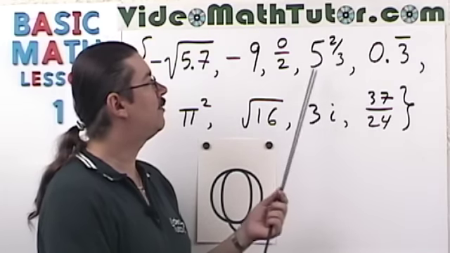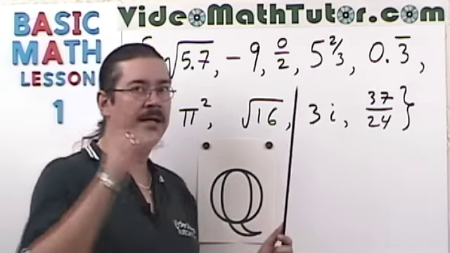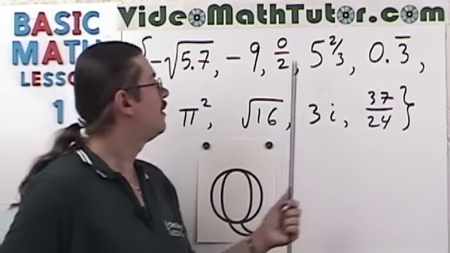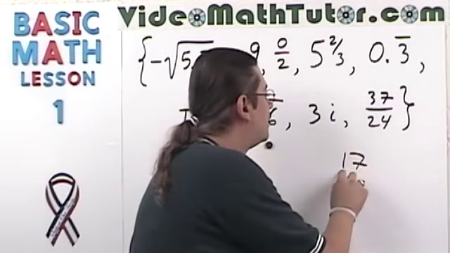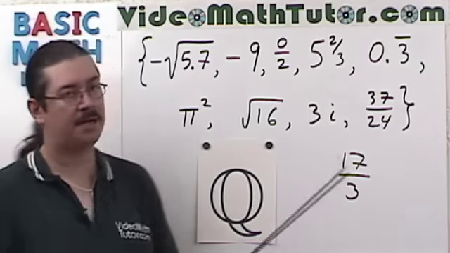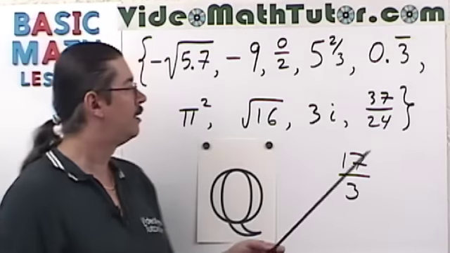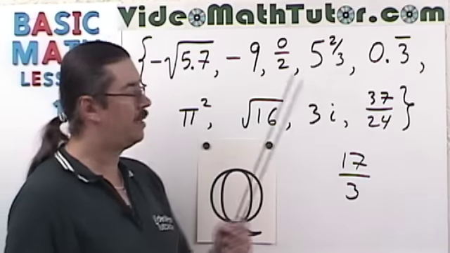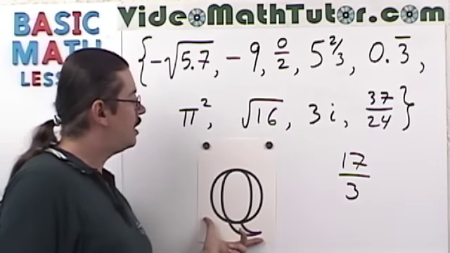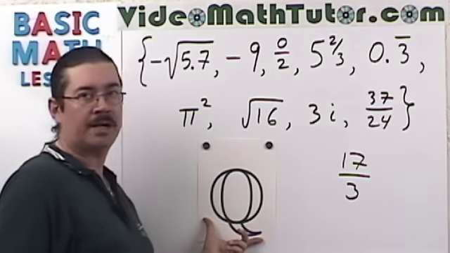You might go, well, that's not really an integer divided by an integer, but I can make it an integer over an integer. That's really 17/3. Again, how I did that is covered in our fractions lesson. Most of you should know how to do that anyway. So that is a member of our rational numbers.